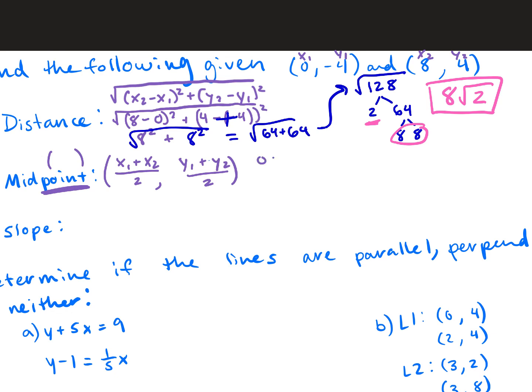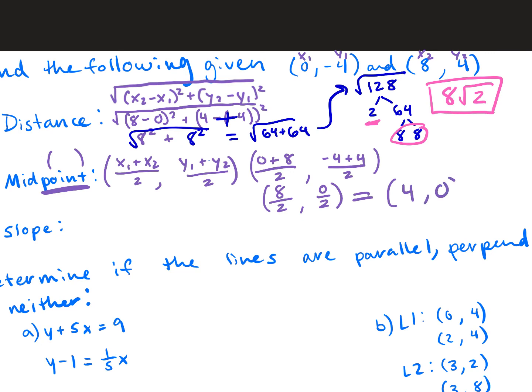We have 0 plus 8 divided by 2, and y1 is negative 4 plus 4 divided by 2. So here we have 8 over 2 and 0 over 2, which simplifies to 4, comma 0. So our midpoint is 4, 0.